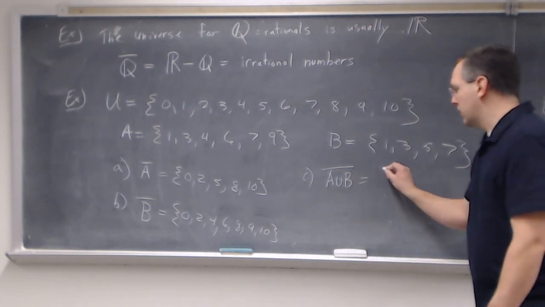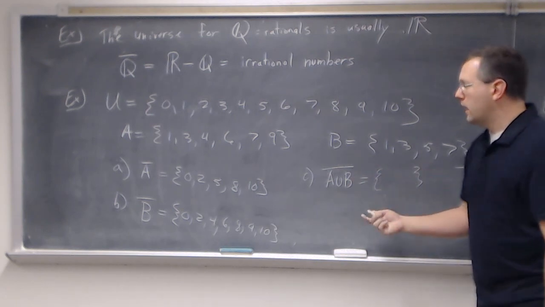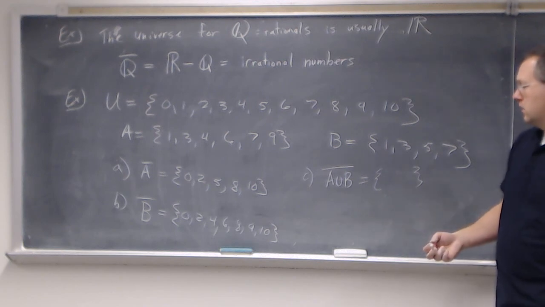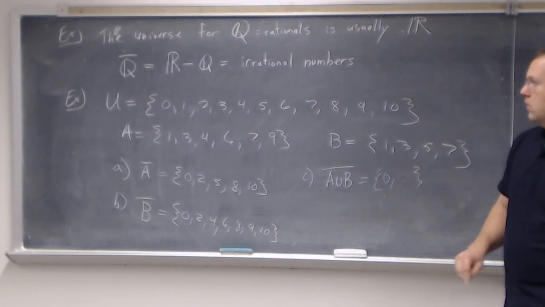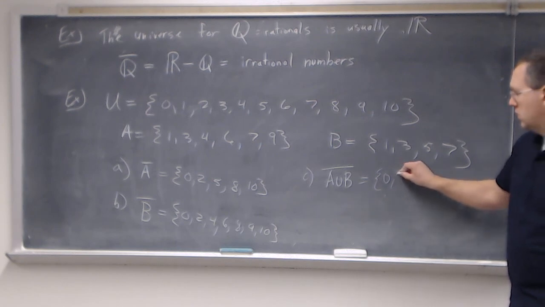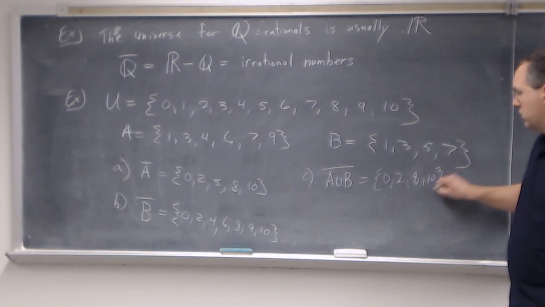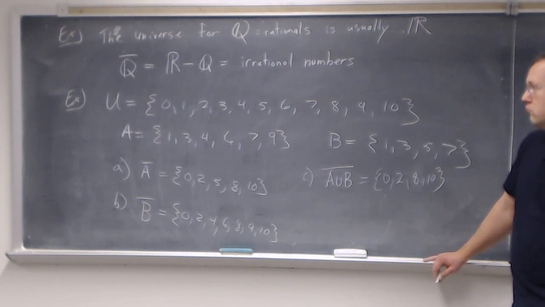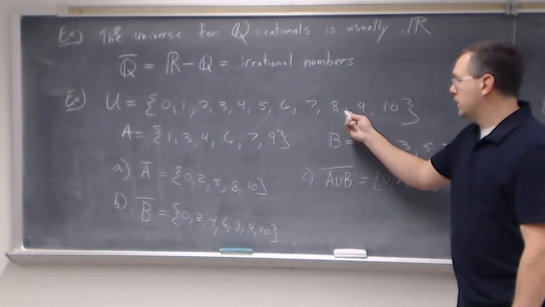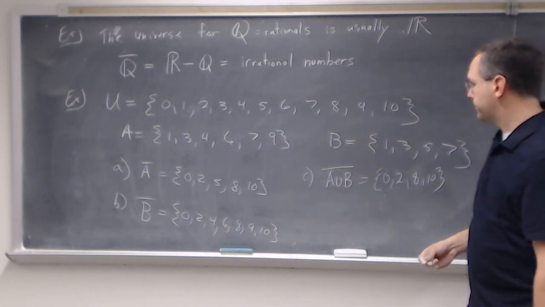That's the answer. Anything that's not in A union B is 0, 2, 8, 10. You guys agree? Okay. Anything in the universe that you don't see in A and B.